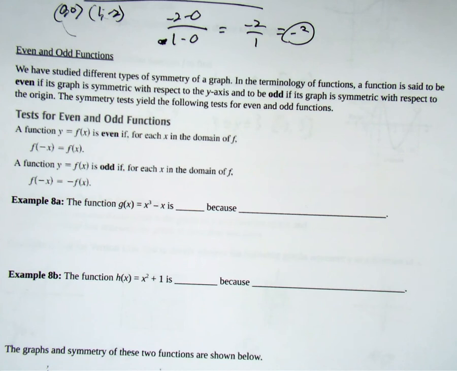The symmetry tests yield the following tests for even and odd functions. All right, f of -x, if that would equal the same thing as f of positive x, it's even. If f of -x equals the opposite or negative value of f of positive x, then we're odd.